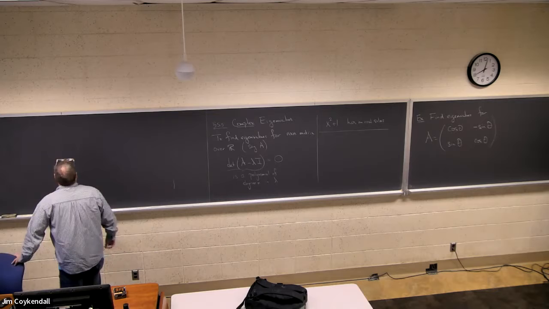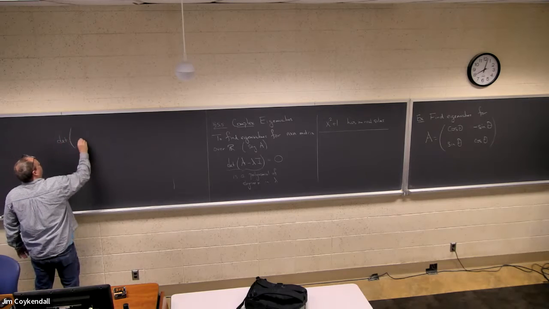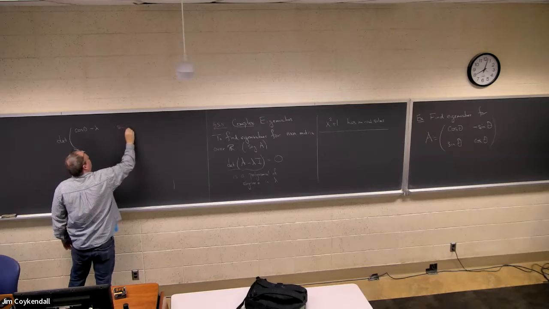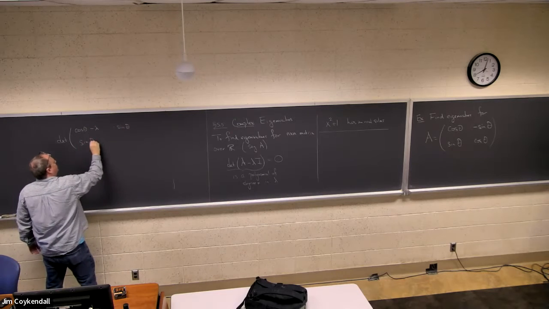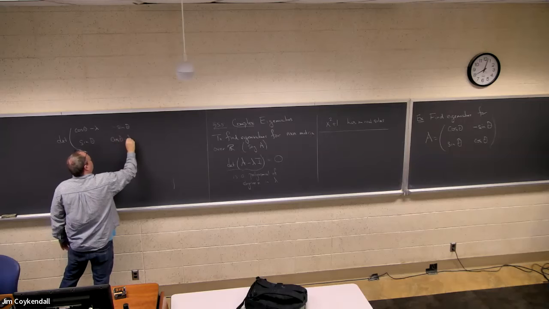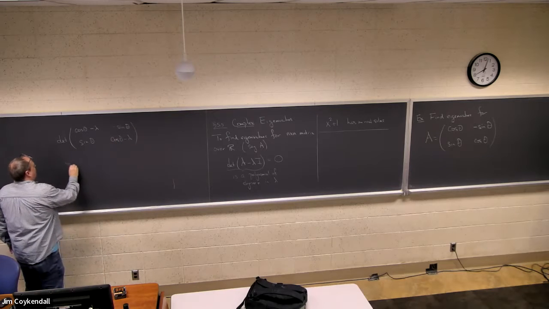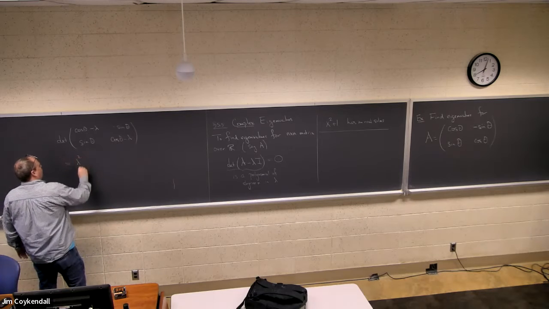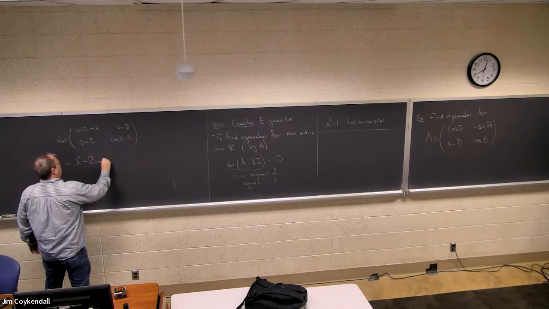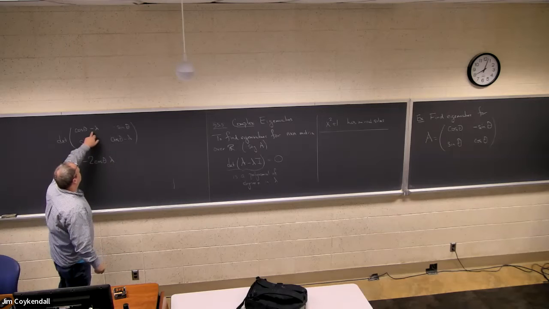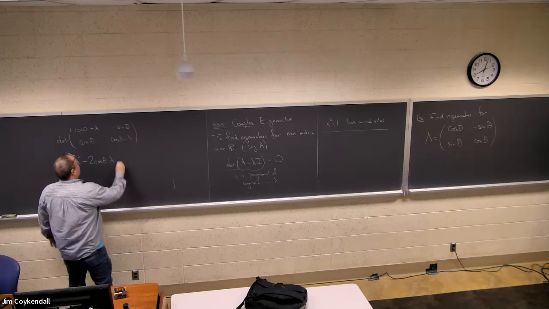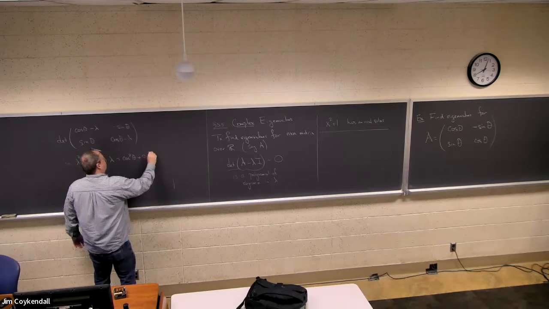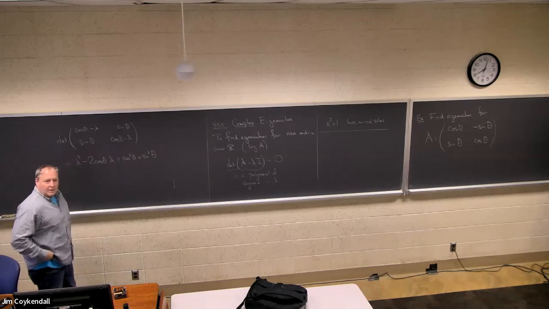So if we were to do this, we look at the determinant. Well, I'm going to get lambda squared minus 2 cosine theta lambda, plus cosine squared theta plus sine squared theta.